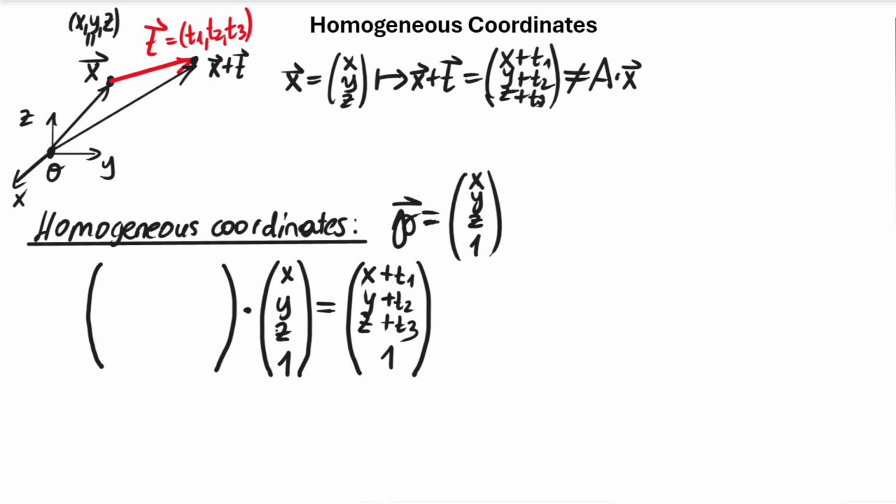So for example, let's start with the first row. You need here a 1, a 0, a 0, and a T1. So if you multiply now the first row with this column here, what do you get? X plus T1. So now you also see what is the sense of this additional coordinate equal to 1.